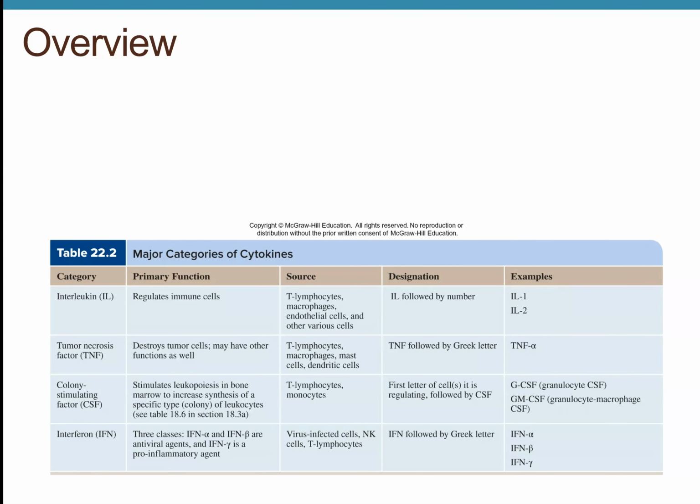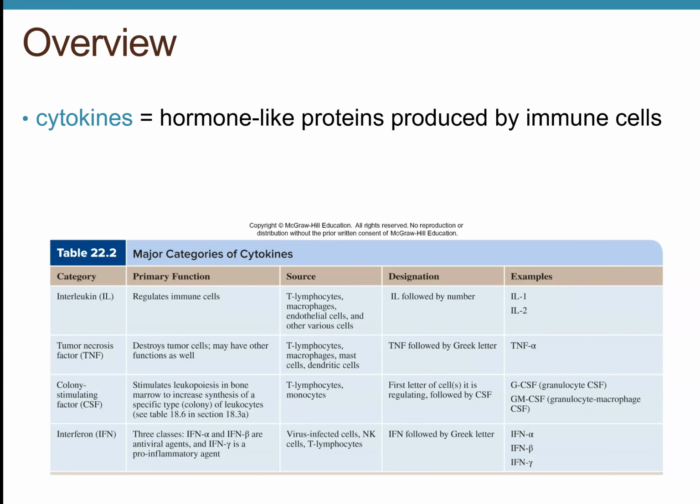You also have some chemicals that are going to come up in this chapter. So cytokines are a group of chemicals. And there's lots of different types: interleukin, tumor necrosis factor, colony stimulating factors that you've heard of in the blood chapter, interferon. So we'll talk about some of these in the upcoming slides, but they are proteins, but they act like hormones.